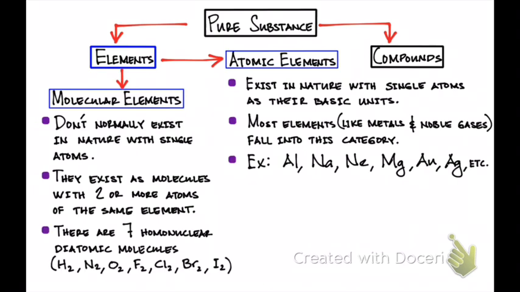So the homonuclear diatomics that we talked about earlier, those are examples of molecular elements because they contain a minimum of two atoms of the same element that are bonded together. So hydrogen gas, nitrogen gas, oxygen gas, fluorine, chlorine, so on and so forth. They all contain multiple atoms of the same element. You can also have polyatomic elements that fall in this category, like P4 and S8.